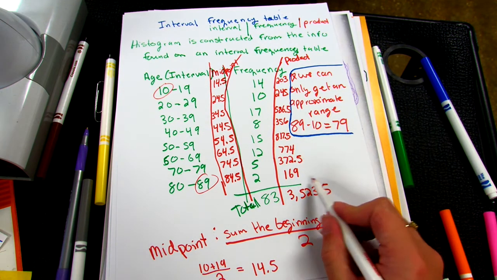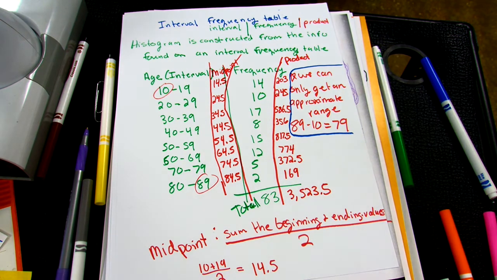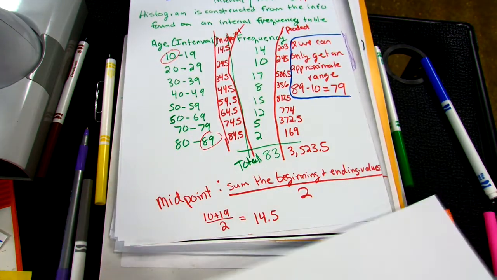So now we've got a product total and a frequency total, which means we can get our mean. Because remember, a mean is simply the product total divided by the frequency total. So I'm going to write that out again.